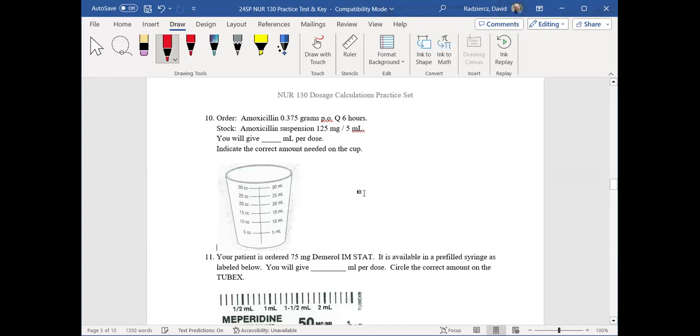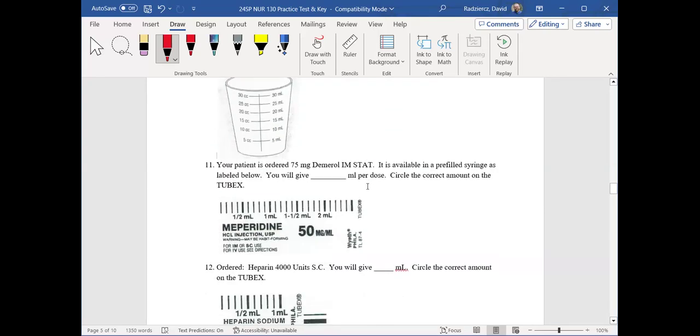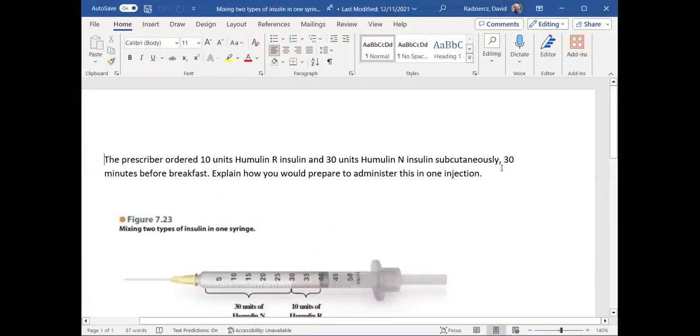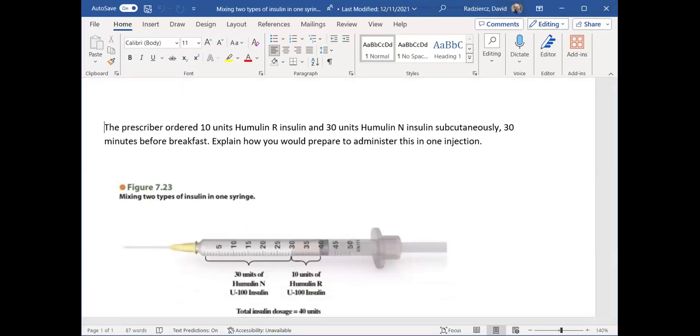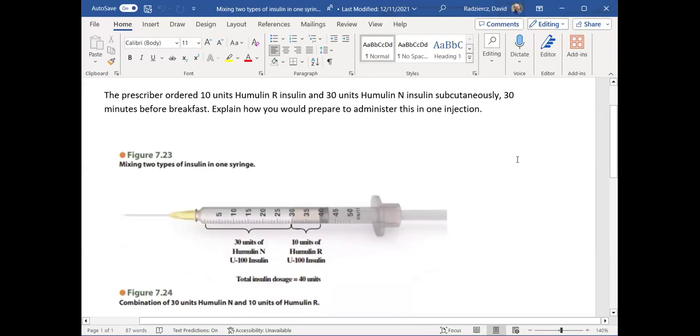if you get a mixing of insulin question, I have another thing that I'll show you here. Just give me one moment. All right, so this example is from a textbook that tells you about mixing insulin syringes.